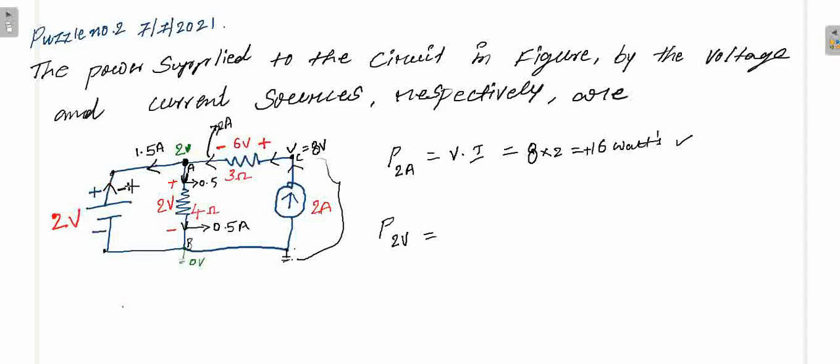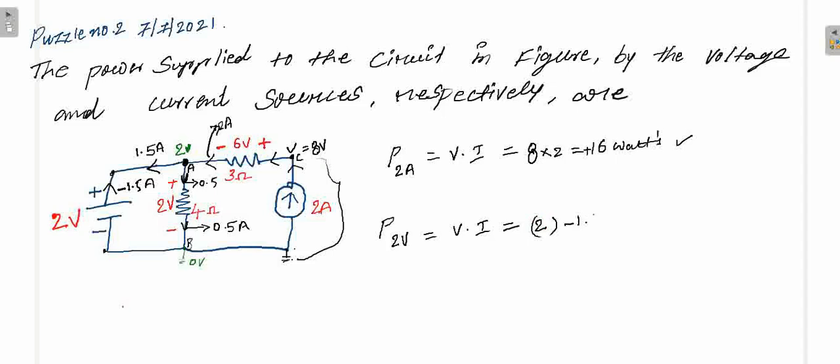If 1.5 current enters into the positive terminal, then minus 1.5 ampere moves away from the positive terminal, that is of opposite direction. So the power supplied by the 2 volts voltage source is V into I. V is equal to 2 and the current supplied is minus 1.5, which is equal to minus 3 watts.